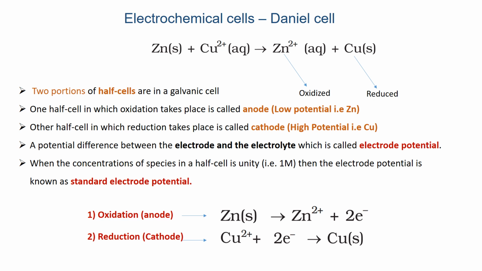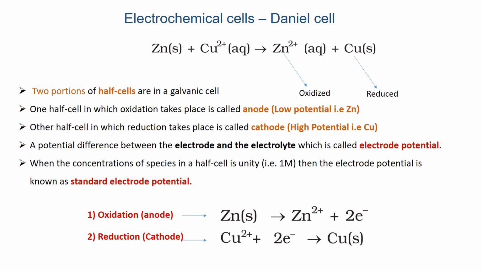The electrode which undergoes oxidation is called an anode. In this example, zinc plays the role of anode because it has a low potential, and copper acts as a cathode because in the copper a reduction takes place.